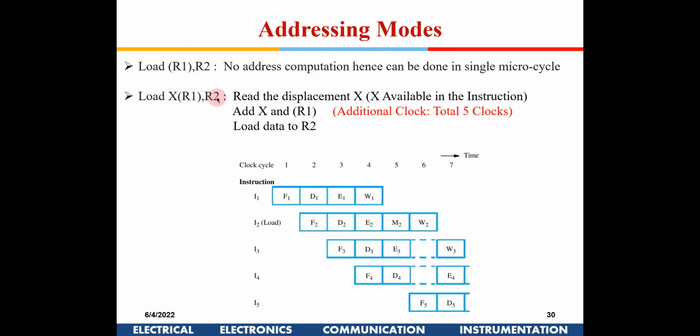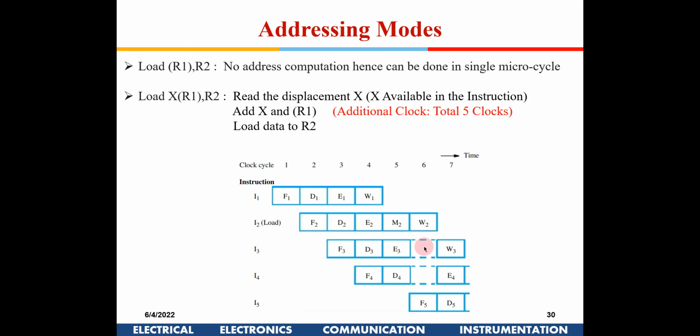Now if you have an instruction where R1 plus displacement is given, with the result in R2, what do I have to do? The memory address needs to be computed, right? So the displacement X, which is given in the instruction itself, and the contents of R1 need to be added to generate the address out here. You will find two clock cycles are required here.